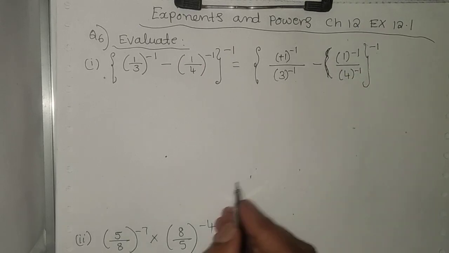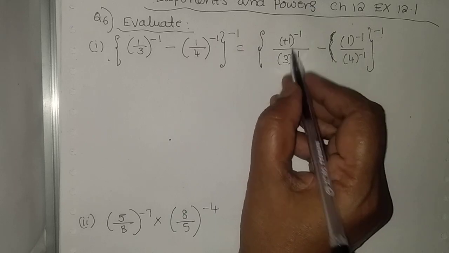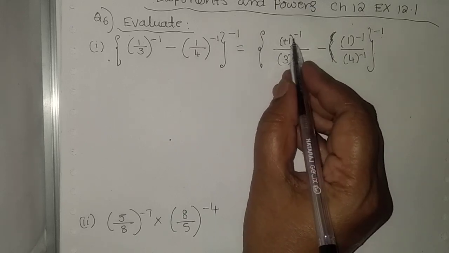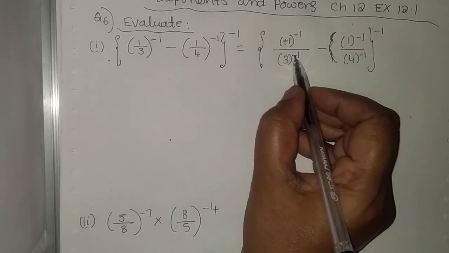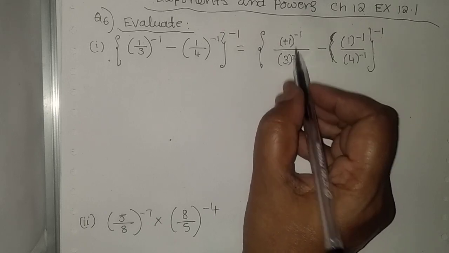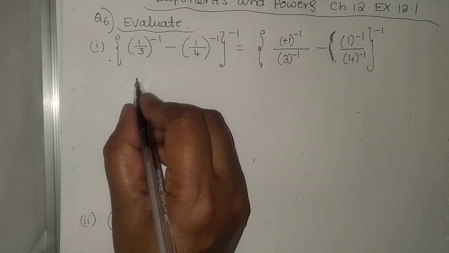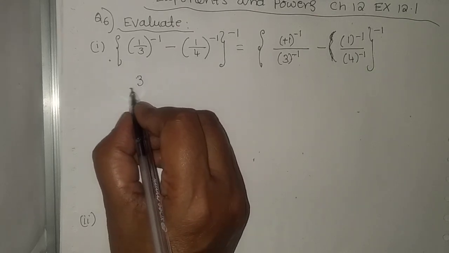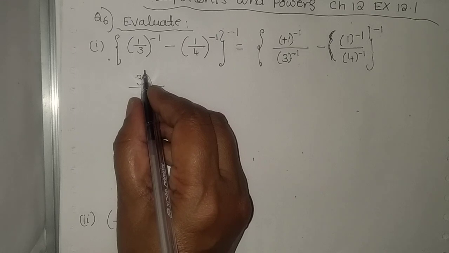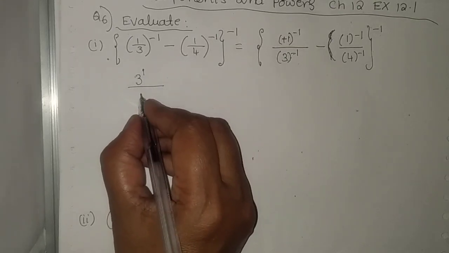Again the outer power is minus 1. After this we'll interchange. If 3 goes to the numerator, the power becomes plus. I'll take 3 to the numerator, to the power plus 1. 1 means it is understood, 3.